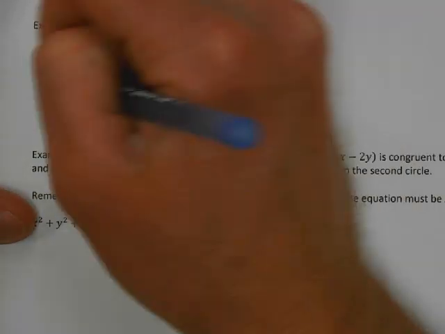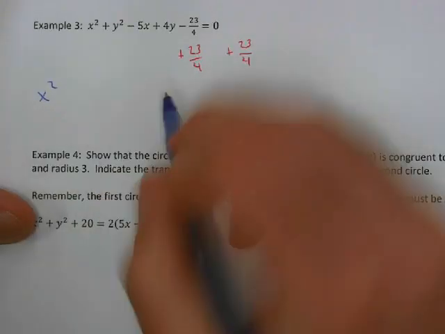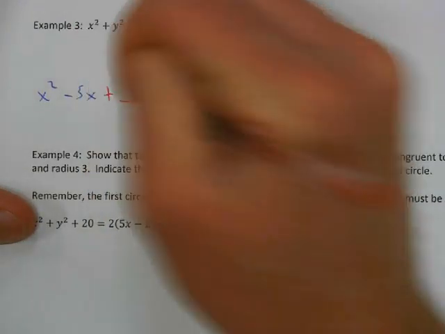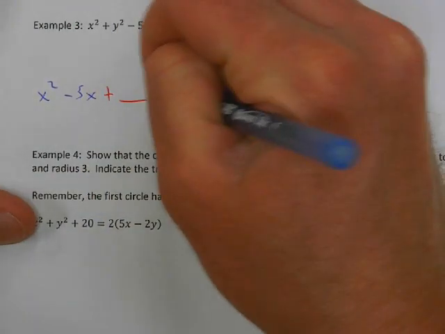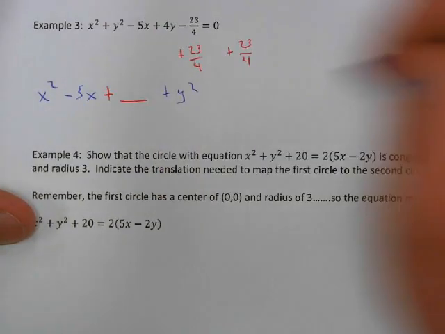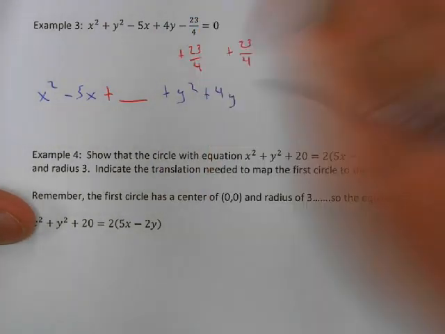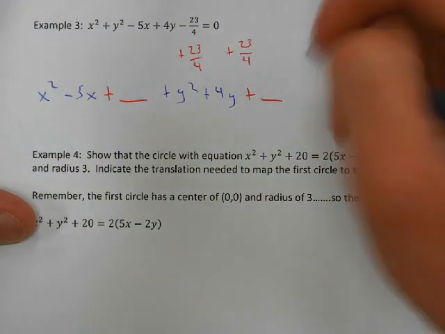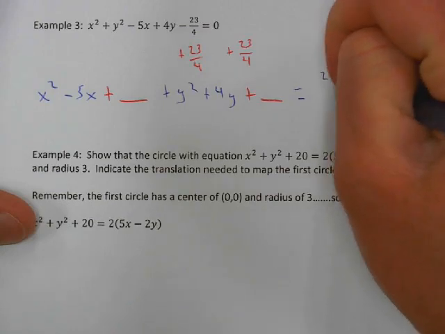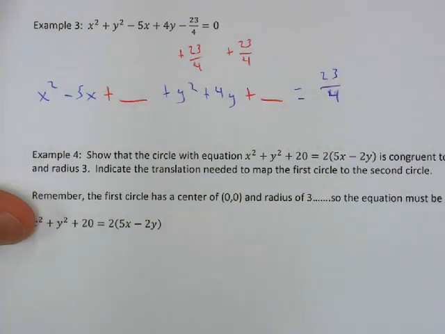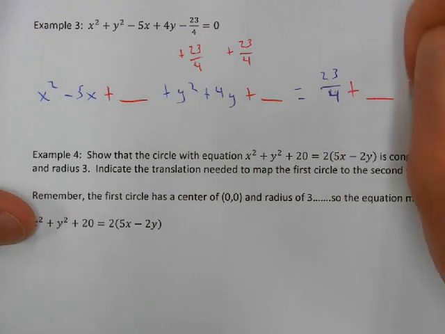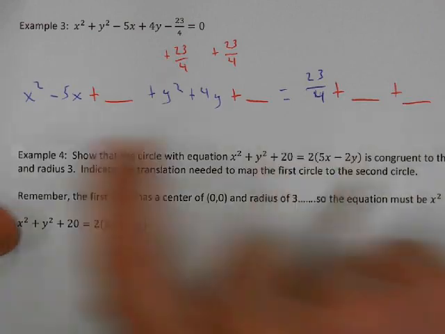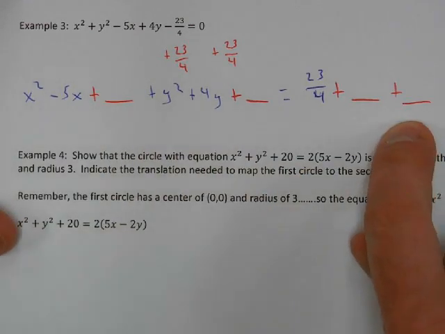So we're going to have x squared minus 5x plus something, because we want to make that a perfect square, and then plus y squared plus 4y plus something, because we want to make that a perfect square as well, equals, we're going to have 23 over 4 on the other side, plus the same 2 things that we added to the left side of the equation, so plus blank and plus blank. Okay?